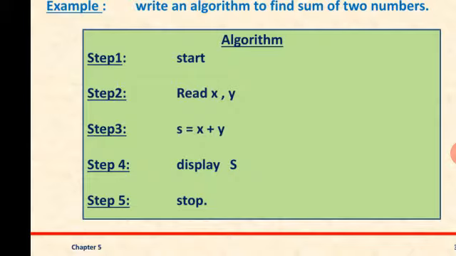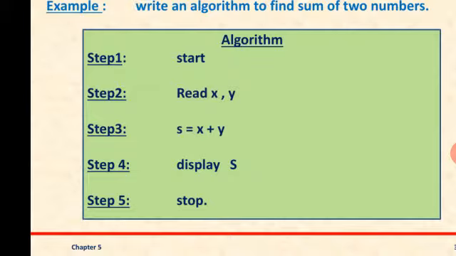The result is on the right hand side and it is stored on the left hand side, which is the variable s. s indicates the sum. So step number 4 is display the value of s. So we are displaying the value of s in step number 4, and finally step number 5 we will stop.